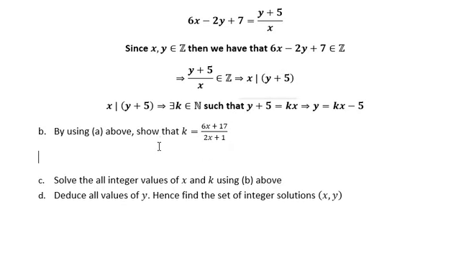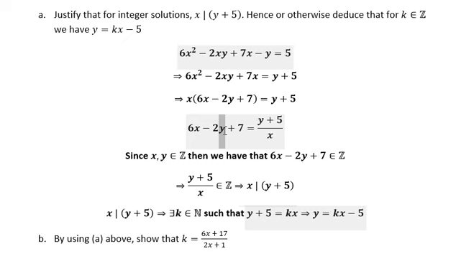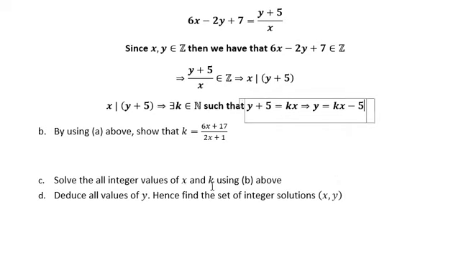By using part A above, show that k is equal to this. I'll basically replace my y here with the value of kx minus 5, then I'll make k the subject of the formula.